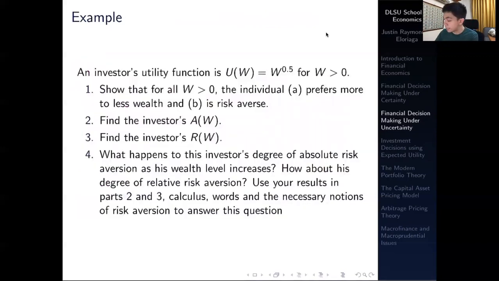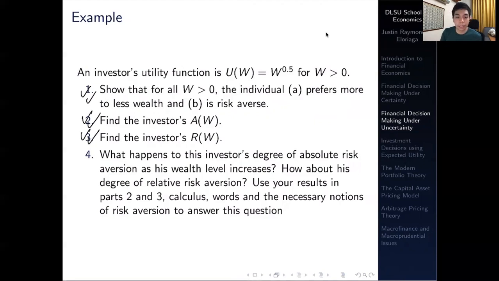Okay, so let's have an example of this. Suppose you have an investor with the same utility function as we've been dealing with before, that's U(W) equals W raised to 0.5. What we need to first show is that for all W, the individual prefers more wealth to less wealth, and the person is risk averse. Then we find the Arrow-Pratt measure of absolute risk aversion, then the relative risk aversion measure.